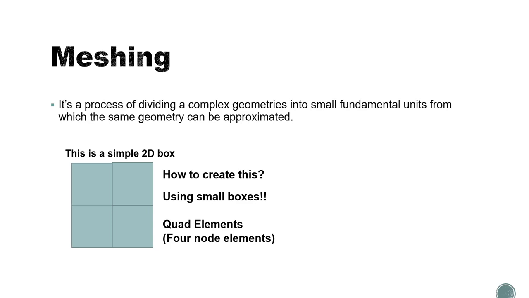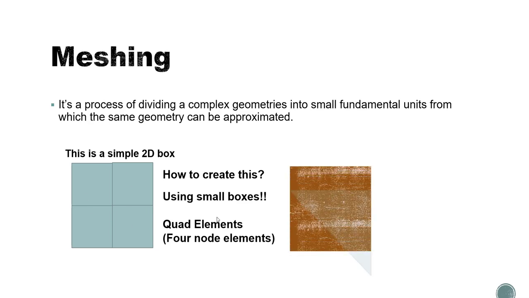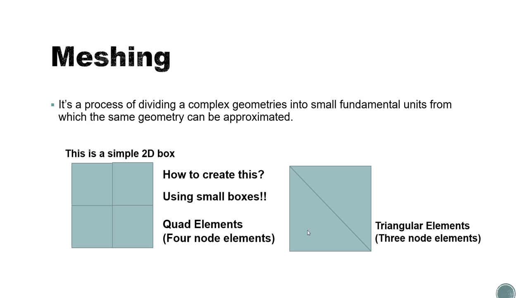So here we have used one element which is called the quad element, and it has four different nodes here. Another method of creating the box is to use triangular elements like this, and each triangular element has three nodes.